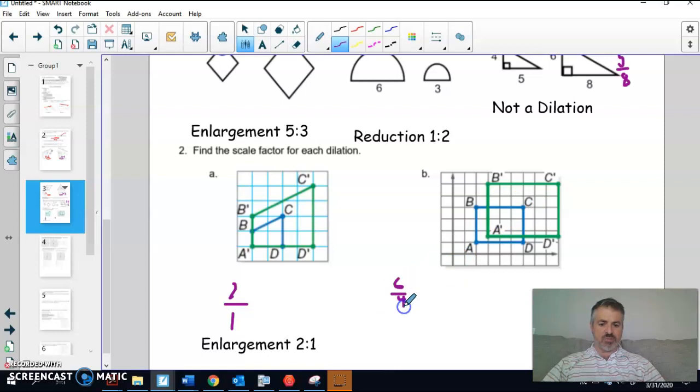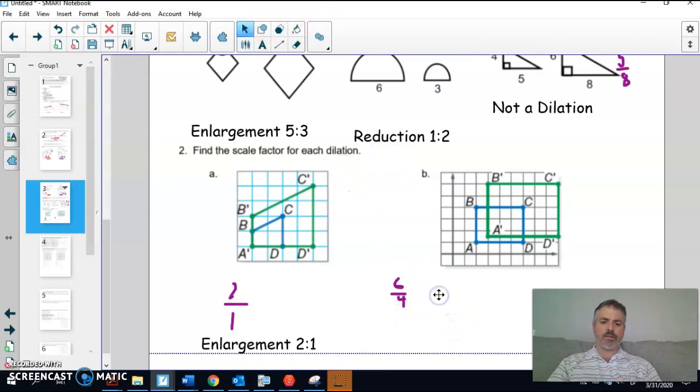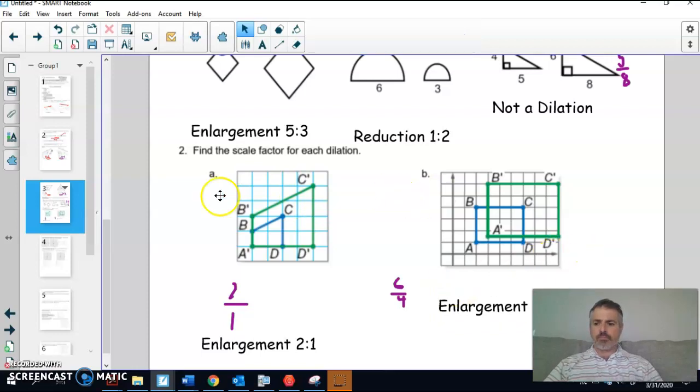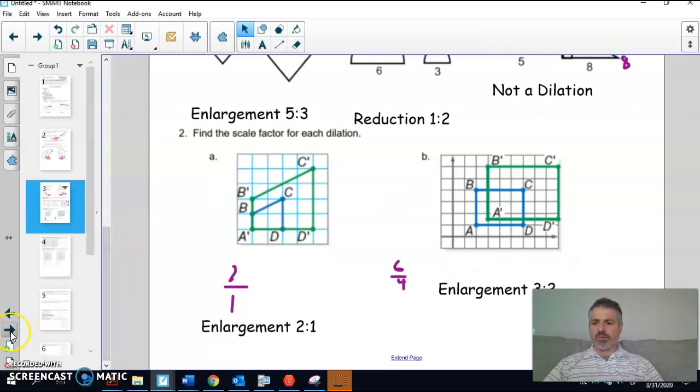So that is an enlargement 3 to 2. So that's how I do those.